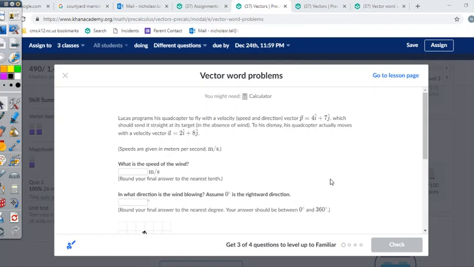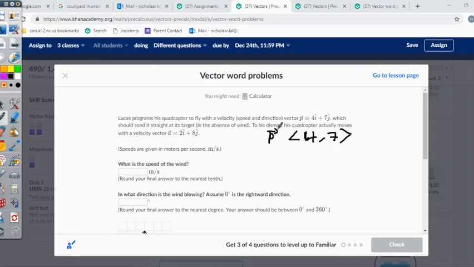So, what happened is that you had a horizontal component, vector p, had a horizontal component of 4 and a vertical component of 7. So this is vector p. We have a horizontal component of 4 and a vertical component of 7.